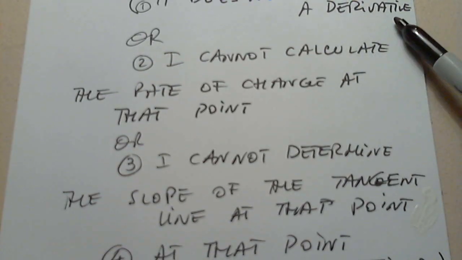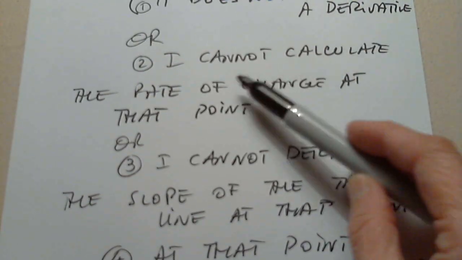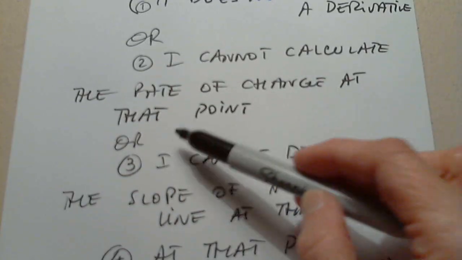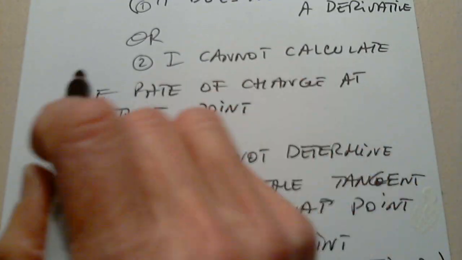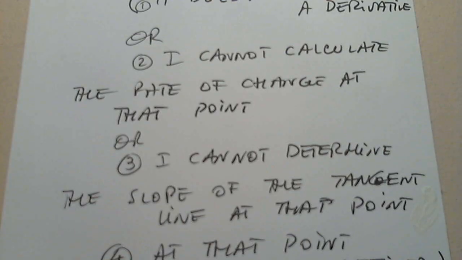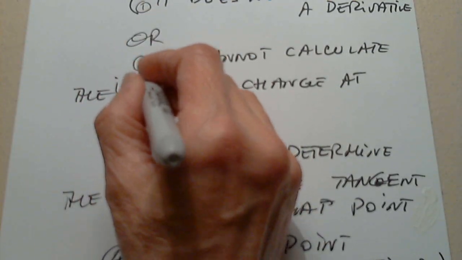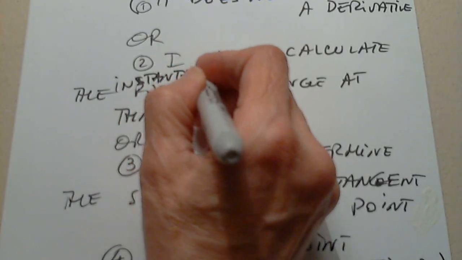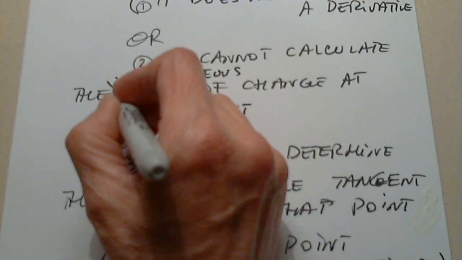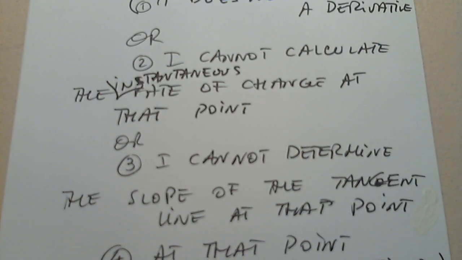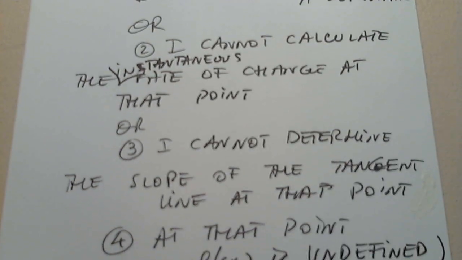Okay, it does not have a derivative. Or I cannot calculate the rate of change at that point. And let me call it the instantaneous, because it's at the point. I cannot calculate the instantaneous rate of change at that point.